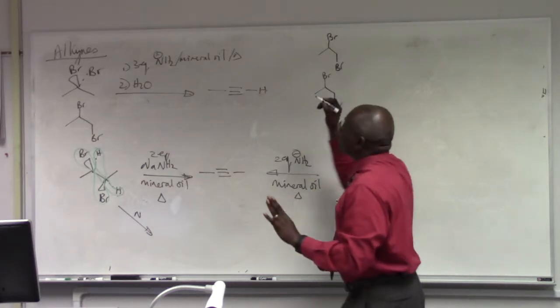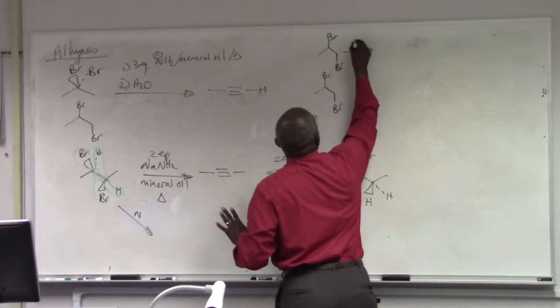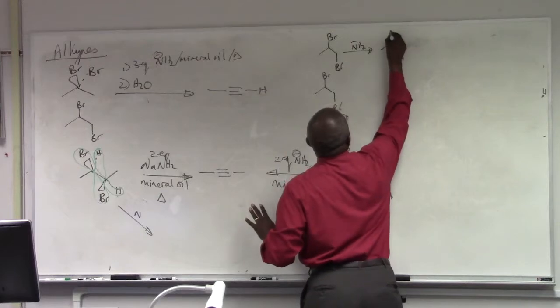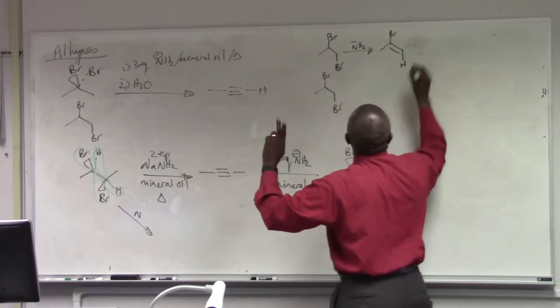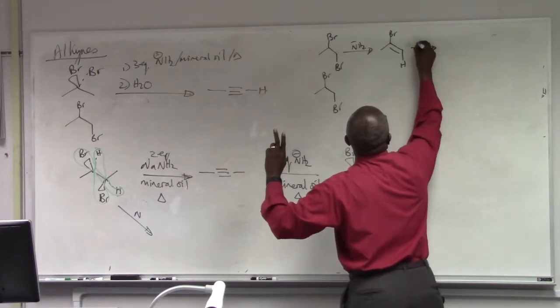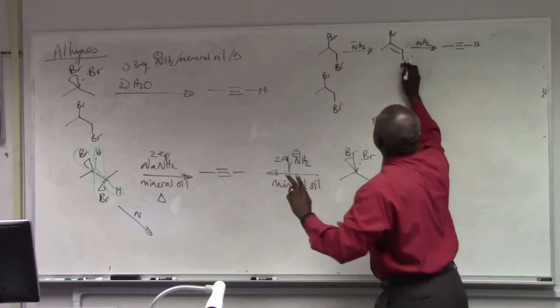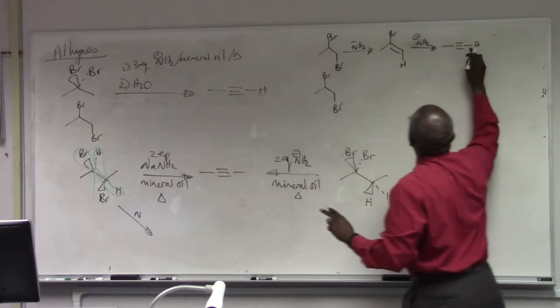The first NH2 minus will take the first of these molecules into the bromoalkene. That's one. The second one would take it into the alkyne, so I'll eliminate this HBr and make the alkyne. But here's the problem.